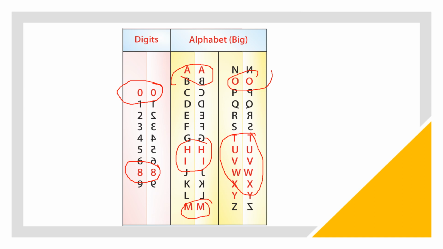Identical means no change between the original image and the mirror image. O is as it is, 8 is as it is. A, H, M, O, T, U, V, W, X, Y are all identical, meaning the original image is the same as the mirror image.